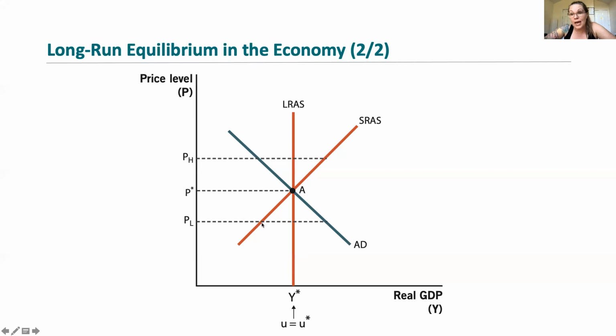And so if we have enough time in the long run, what we know will happen is that prices will face an upward pressure towards equilibrium, and that price will adjust towards equilibrium to get rid of this shortage. On the other hand, if prices are high, meaning they're above P star, then we have a short-run aggregate supply that is greater than aggregate demand, or in other words, a surplus.